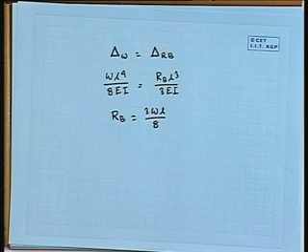So, EI will cancel, L^3 will cancel, L will remain, omega will be there, 3 will go to that side, 8 is below. So, 3 by 8 omega L will be the reactive force there.